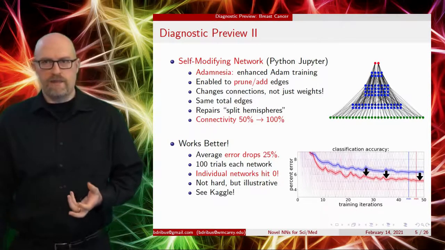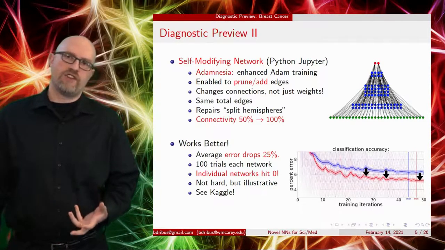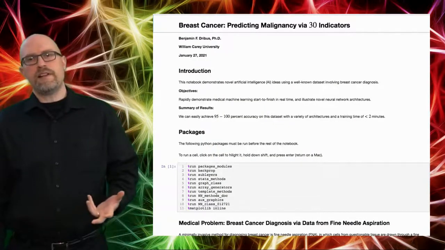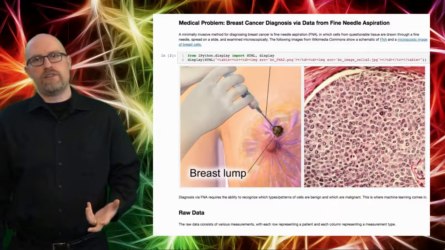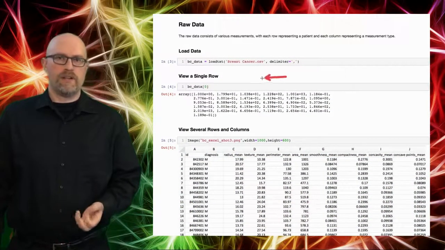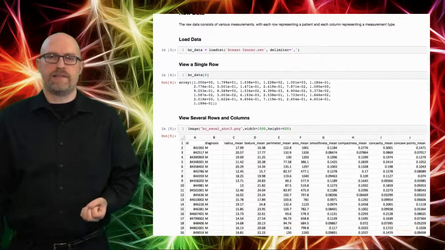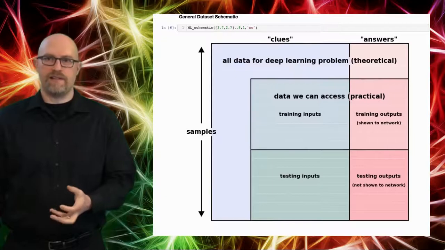Now that we understand the problem better, I'll show you a fleshed out version of the network construction and training process. This is an expanded Jupyter notebook. It may occasionally take a second or two to scroll. These cells involve the raw data. You can look at individual rows, for instance. Now this schematic illustrates the different roles of training and testing sets.